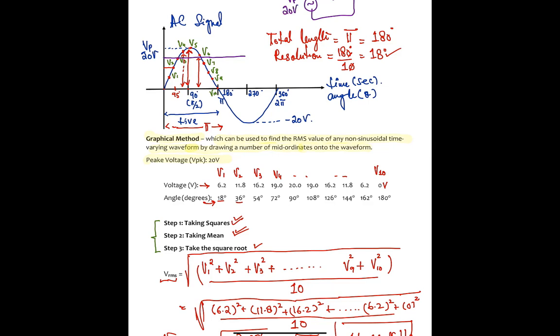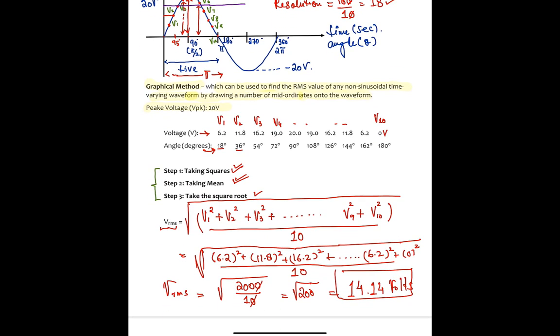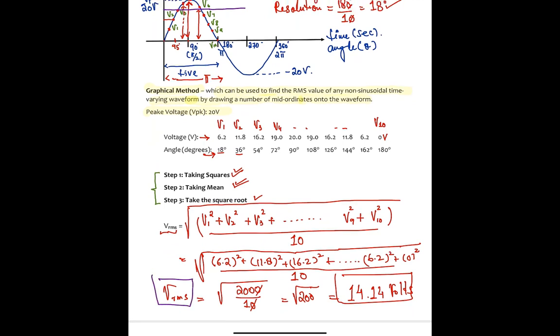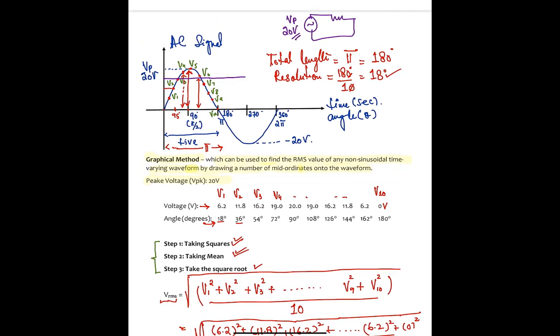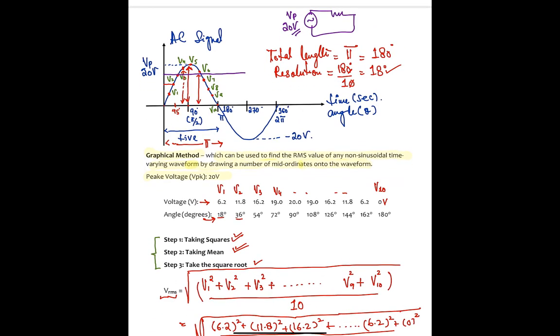If you have this 20 volt peak voltage given, from there you can calculate the VRMS. You just have to decide how many segments you will break it down into. I took 10 segments, which was the resolution in my case. But remember, if you take 20 segments, you'll get more precise readings.